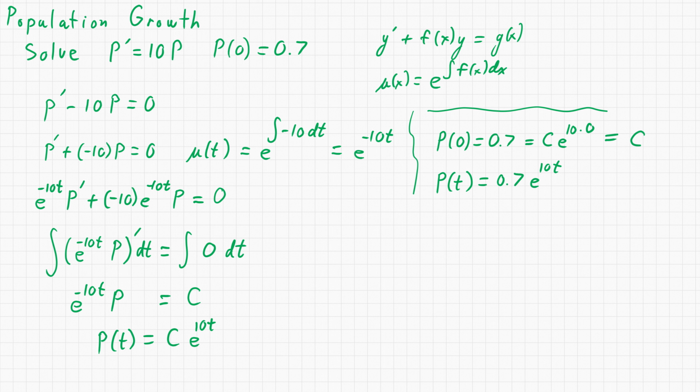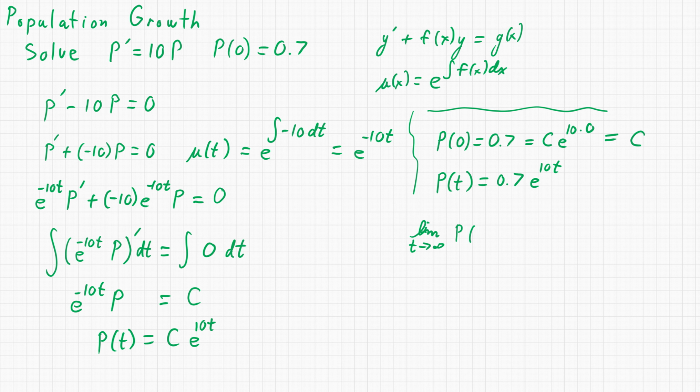Right, now let's just double check this makes sense. So if we plug in t equals 0, we do get 0.7 out. And another thing is the limit as t goes to infinity of p of t. We would expect a population growth, assuming they have unlimited food.